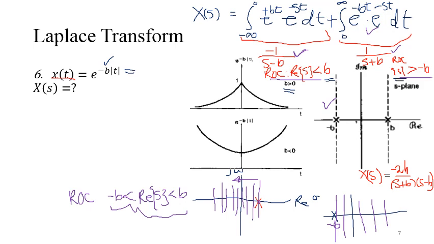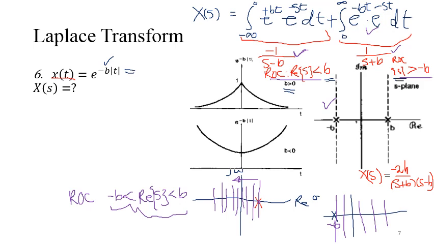For a right-sided signal, we have a right half plane, this side. As we discussed in the property, for a two-sided signal we have a strip right here.